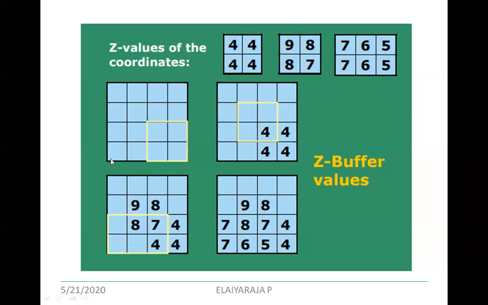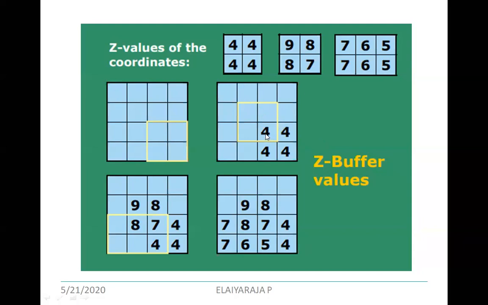My triangle starts at this pixel and ends at this pixel. I can say the maximum limit of my Z-buffer algorithm works with this maximum limit. Initially I don't know what the limit is. That's why we mention infinity.